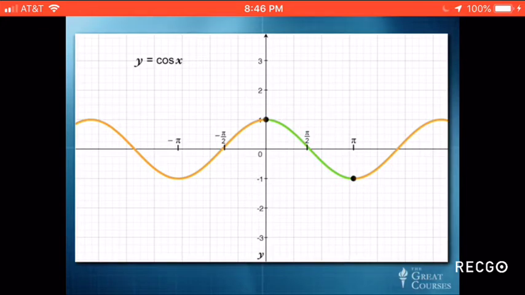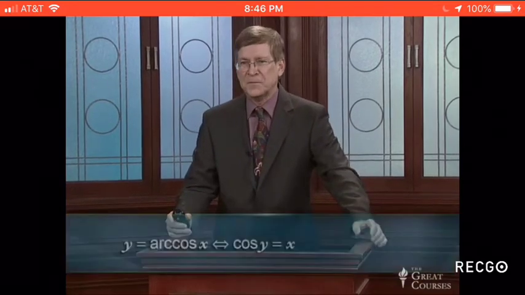On that interval, and it's indicated in green on the graph, on that interval, indeed, the cosine graph passes the horizontal line test, doesn't it? It didn't pass it on the full domain, but by restricting it, it's 1-to-1. So here is the definition of arc cosine.